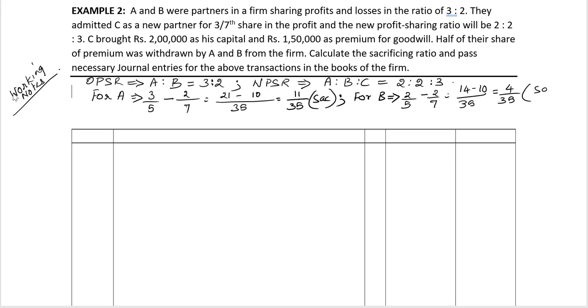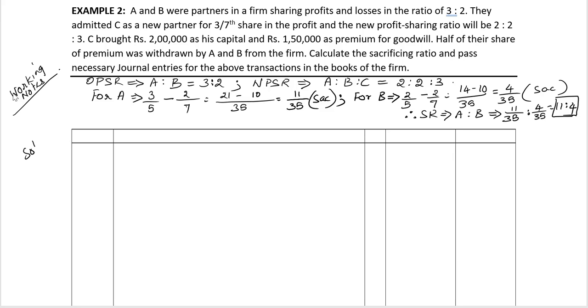B has also sacrificed. Hence, the sacrificing ratio between A and B is equal to 11/35 is to 4/35, or in other words 11:4. So this is the sacrificing ratio.